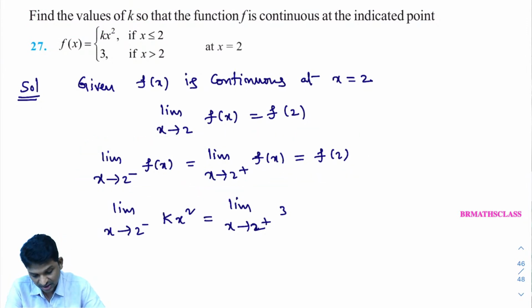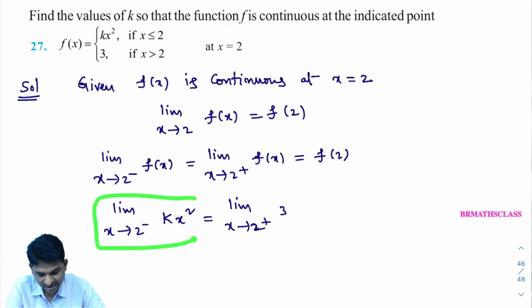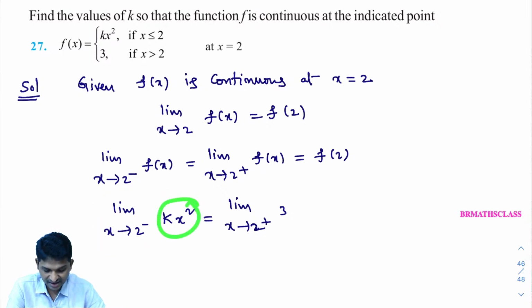So what I need to do now is calculate this limit. How to calculate this limit? By the direct method. What is the direct method? In the given function, wherever x is there, you write 2. What will you get?